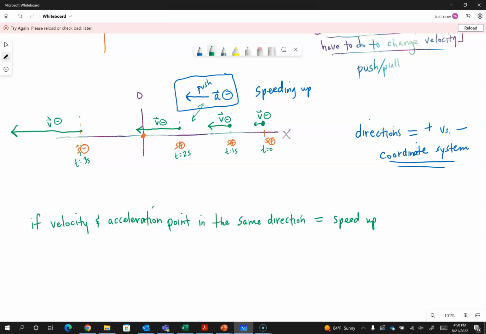That means they both point to the left or they both point to the right. Okay? If the velocity and acceleration point in opposite directions, the object will slow down. That's always true.